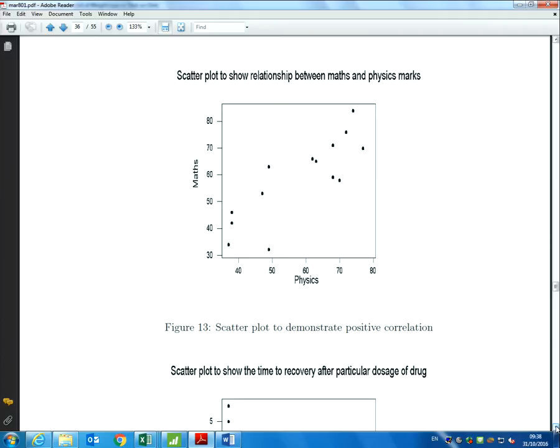Okay, so this scatter plot here, the direction, is it positive or negative? Positive. Strong or weak? Yeah, not as strong as before. You still might say quite strong, but not as strong as before.